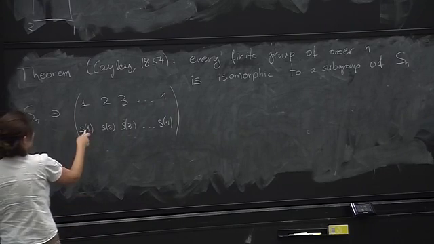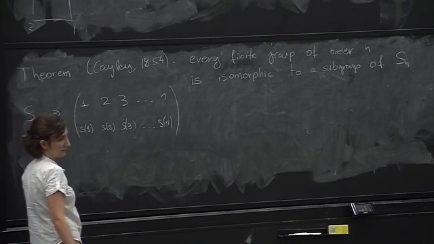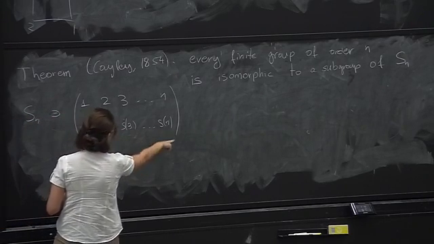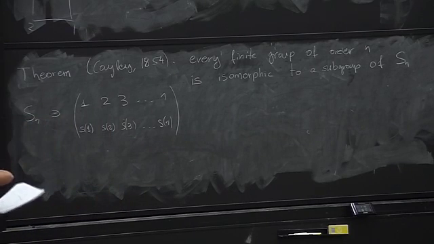Right? 1 would go to some number, 2 to some other number, etc. And according to what these numbers are, we can also write an element using the cyclic notation.